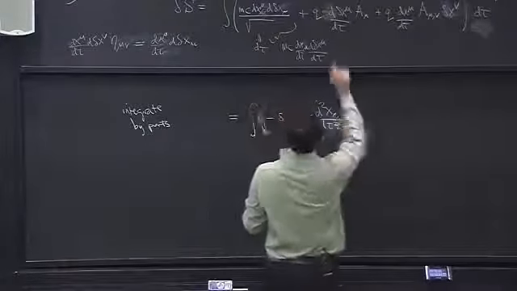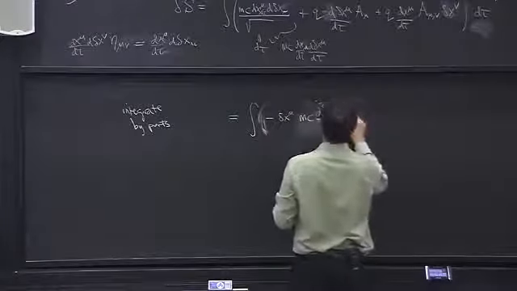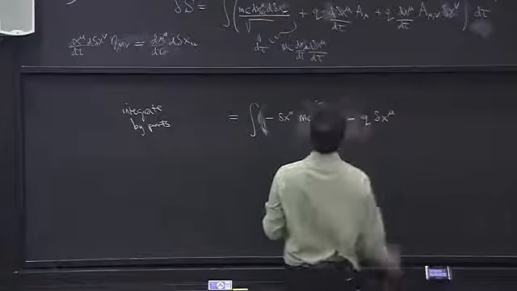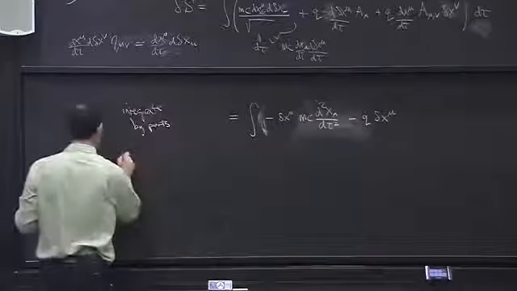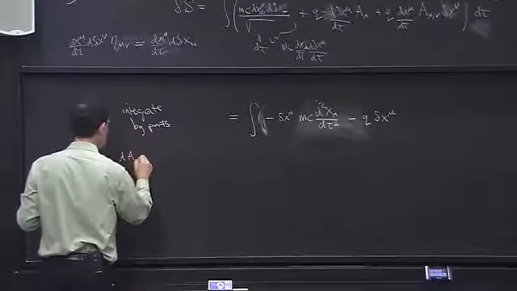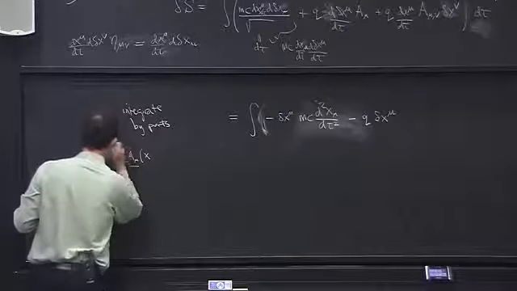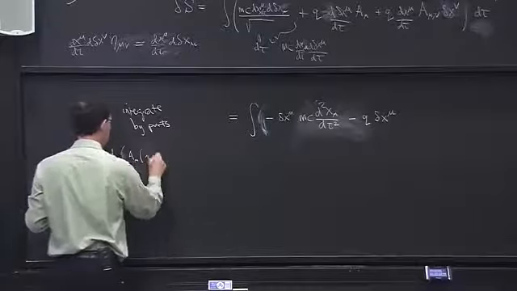And then the second term, I've also got to integrate by parts. So now I get minus q delta x mu, right? And then what is dA mu by d tau? Remember A mu depends on x. So let's write it this way. d by d tau of A mu of x.